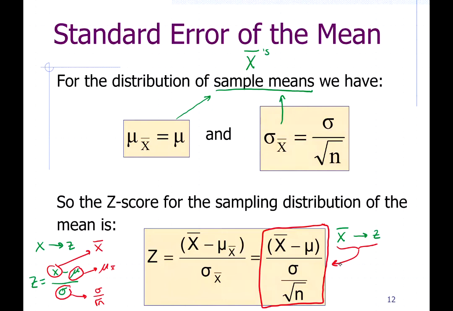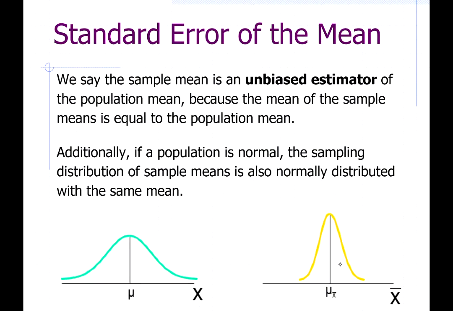Okay. And as I mentioned, because the mean of the sample means is equal to the population mean, we say the sample mean is an unbiased estimator of the population mean. Right?